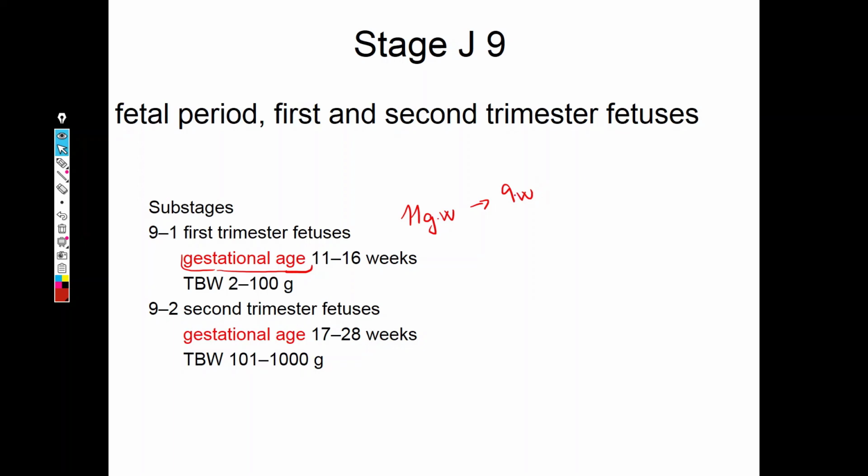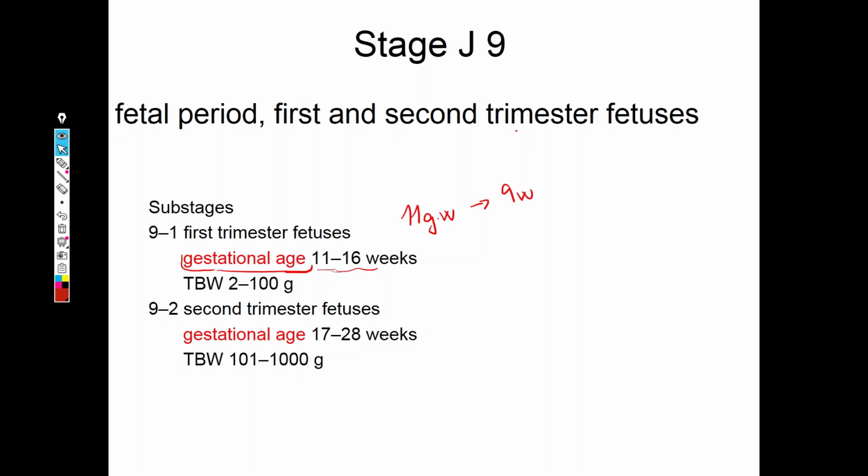So it's 9 weeks after fertilization actually, but in gestational weeks it's +2. You should remember it like this. In gynecology they will be using the gestational age of the embryo, so you should know it's +2 to the normal anatomical age. These are the weeks after fertilization.